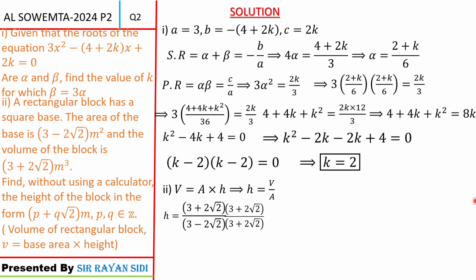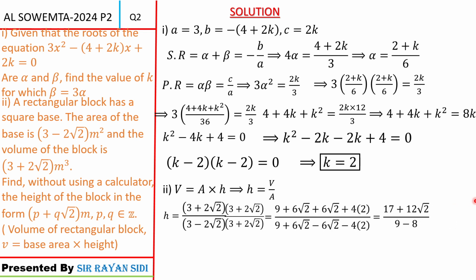So now multiplying it, you get 3 times 3 is 9 plus 6 root 2 plus 6 root 2 plus 4 into 2, because 2 times 2 is 4. Now root 2 times root 2 is 2. Now divided by 9 plus 6 root 2 minus 6 root 2, minus 4 into 2.